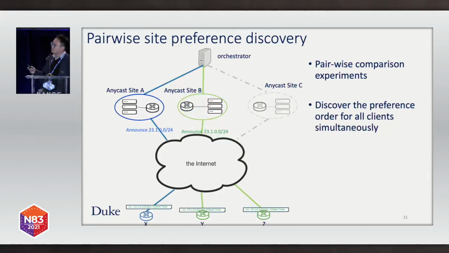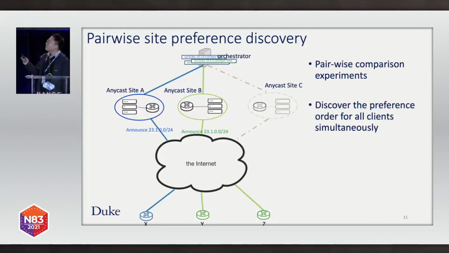Based on the catchment area, the client will only reply to the packet through one specific tunnel. So we can see the reply from client X will only return through the tunnel between Anycast site A and our orchestrator. The other 2 will reply to the SMP packet in another way.